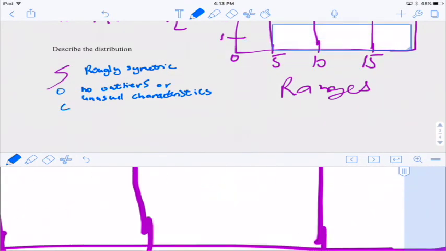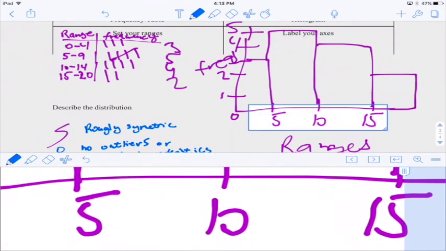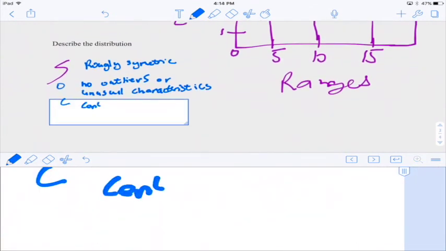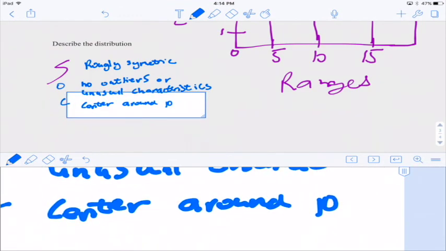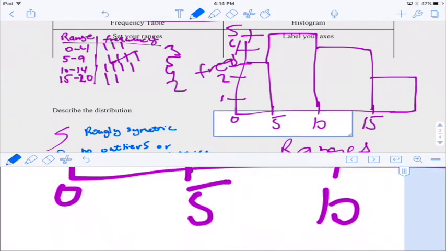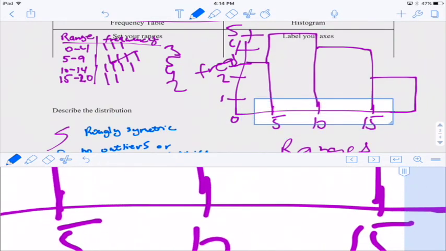C, center. Again, hard to describe, but we could say the center is around 10. We try to avoid saying around 10 because there's ranges, but it's really hard to tell. The center is going to be between 5 and 15 somehow, but kind of roughly in the middle there.